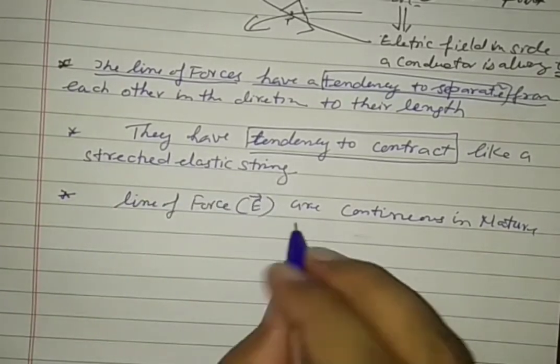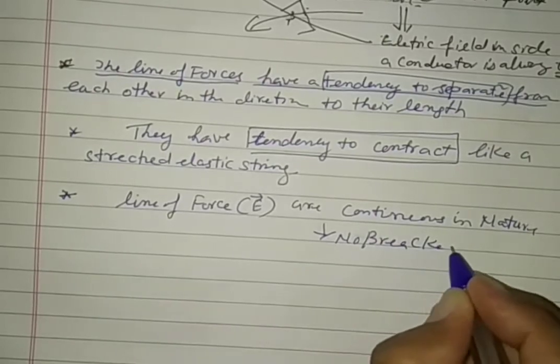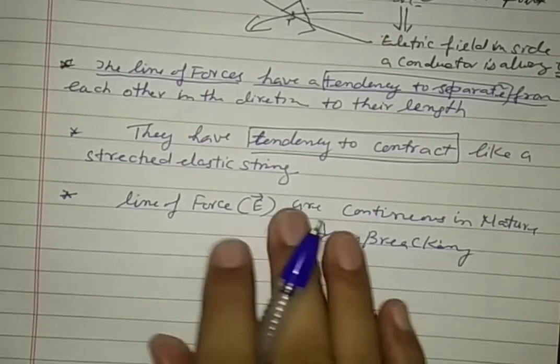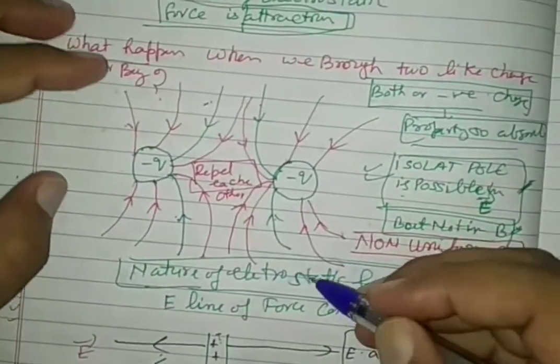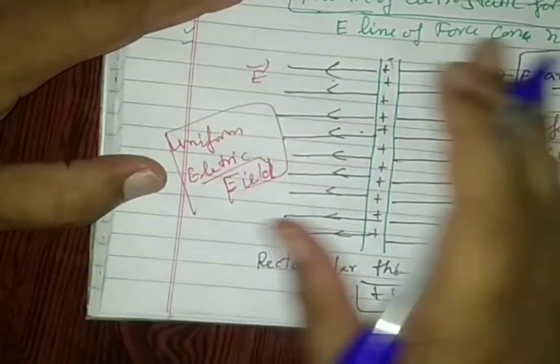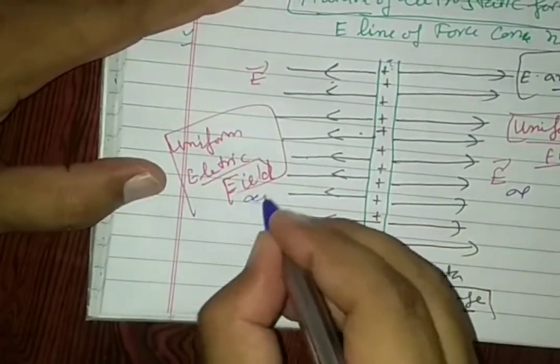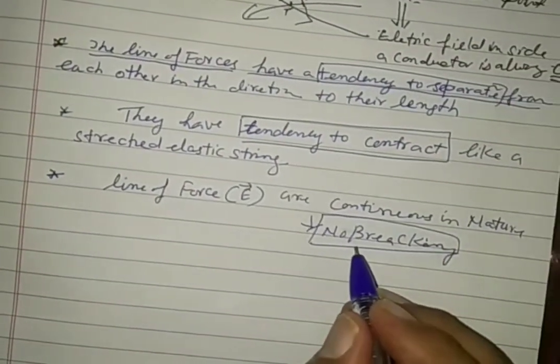So no breaking. See here in the diagram, it has a full length wherever it is made, and it moves up to infinity in all the diagrams. It will go to infinity in this side and in this side both. There is no breaking in this. They are continuous in nature.